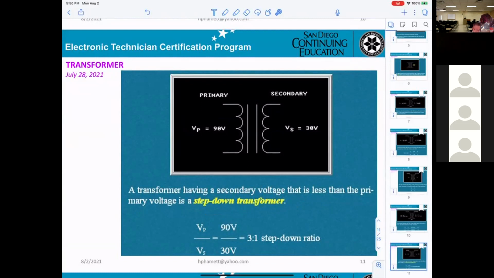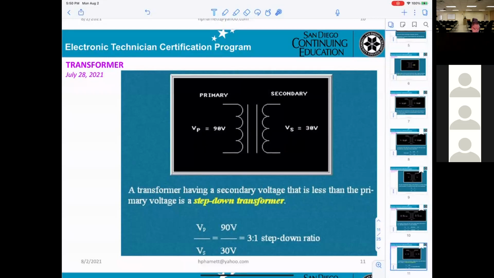So basically the primary is higher than the secondary; that's a step down. If VP is less than the secondary, that is a step up transformer.